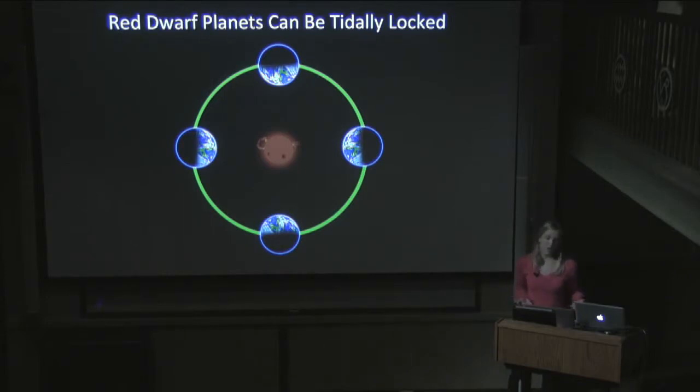Of course, you could also change how much atmosphere the planet has. If it has a very thick, sluggish atmosphere that doesn't really have that many winds, the climate will be very different than a planet that has winds that are whipping around every day very quickly. So there's a lot of work now being done on modeling the climates of planets orbiting red dwarfs, and the results are encouraging.